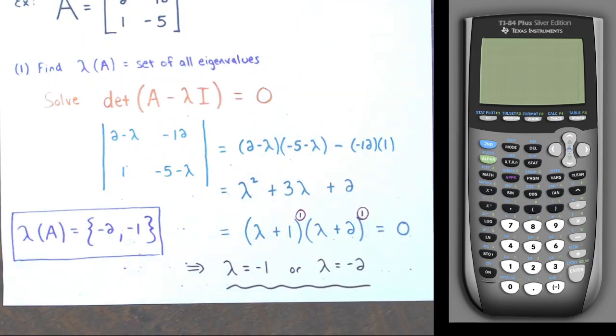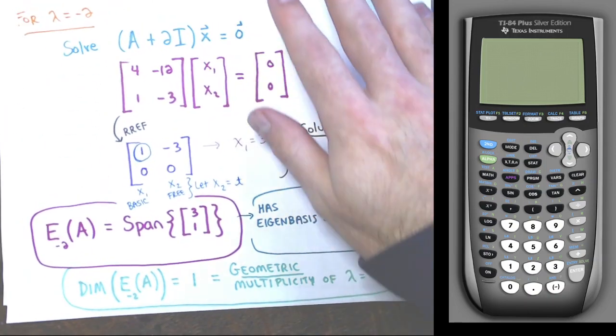Once you've got that down, then you try to find the eigenspaces of the eigenvalues separately. And once you've found the eigenspaces, you can state a basis pretty easily, hopefully, if you've done the solving correctly. And once you've stated a basis, then you can easily state the dimension, which will be that geometric multiplicity. All right, so it all comes together.